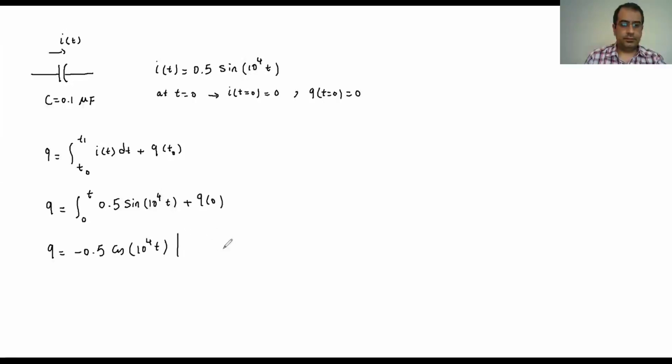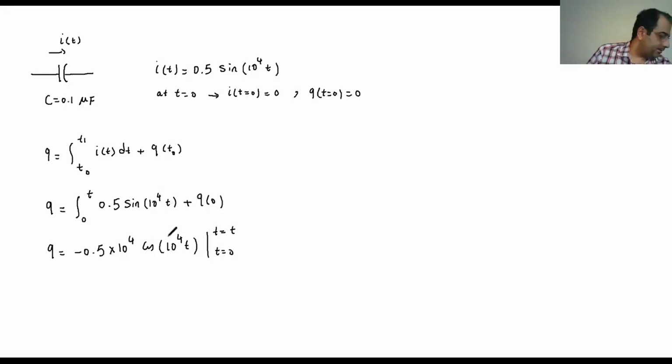Sorry. So it's negative 5 times 10 to the 4 cosine 10 to the 4 t, between t is 0 and t is equal to t. Let me make sure that I have everything right. Oh, yeah. So it's going to be this one.